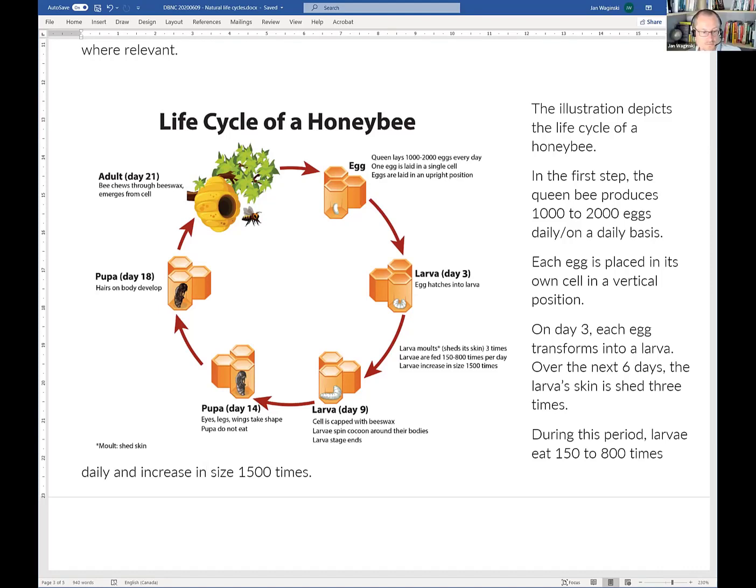Any suggestions? If you've got this kind of huge increase, what's an adverb that you could use?